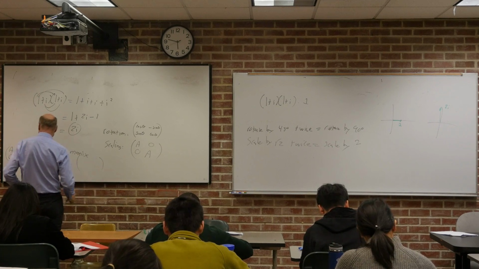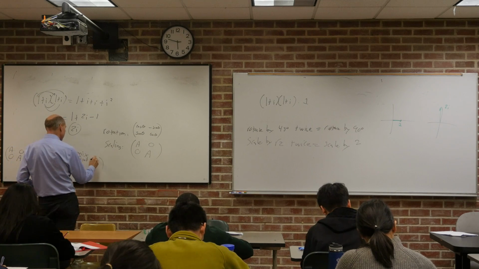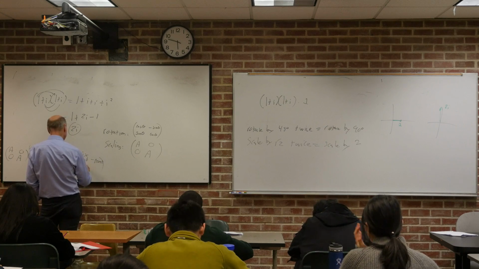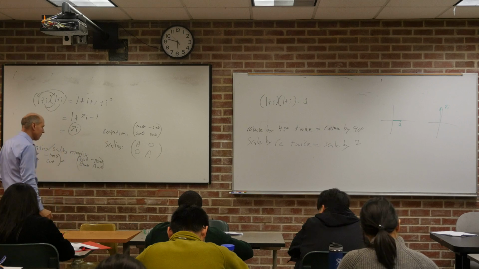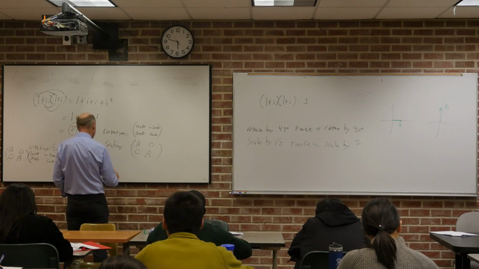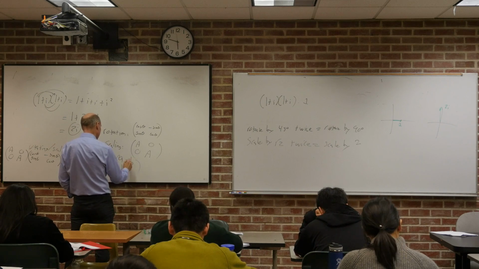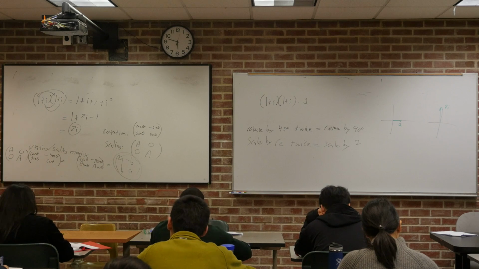So the general form of a rotating scaling matrix looks like this.